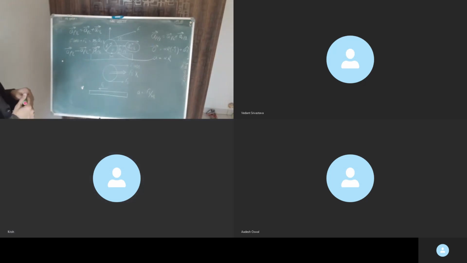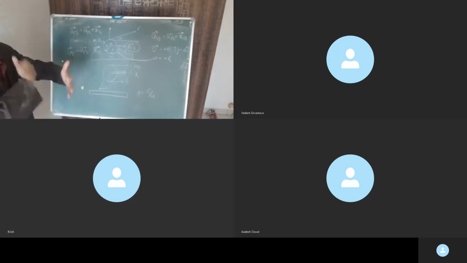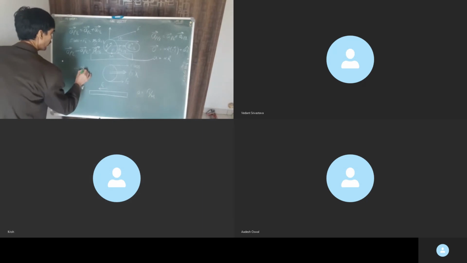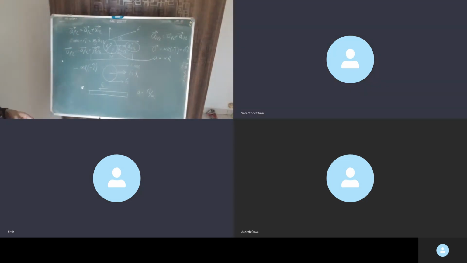P with respect to center is simple for you, because you know that sphere is rolling with angular acceleration alpha, correct? With respect to center, it will be alpha r, and in the direction minus i cap. Agreed?